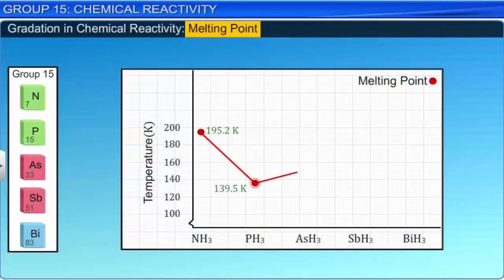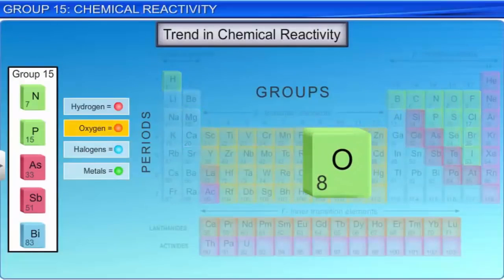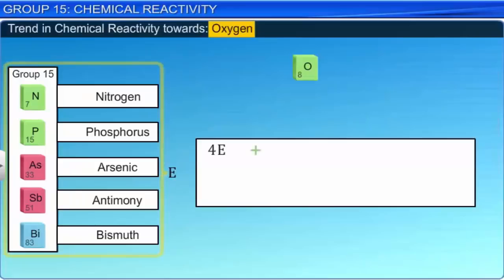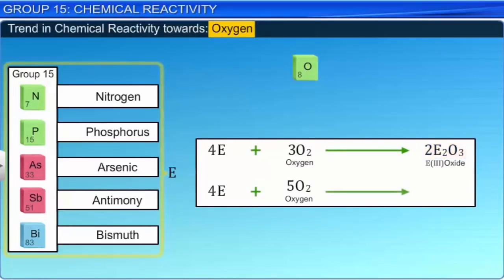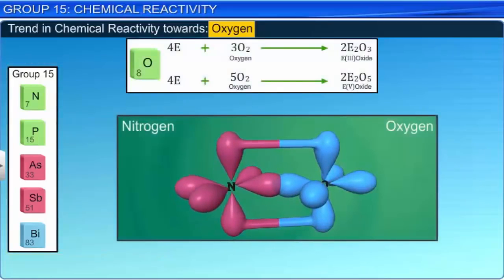Next, let's take a look at reactivity towards oxygen. Group 15 elements form two types of oxides, that is, E2O3 and E2O5. You know that nitrogen shows a strong tendency to form p-pi bonds with oxygen.